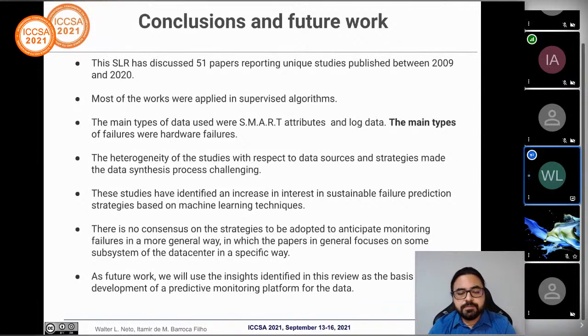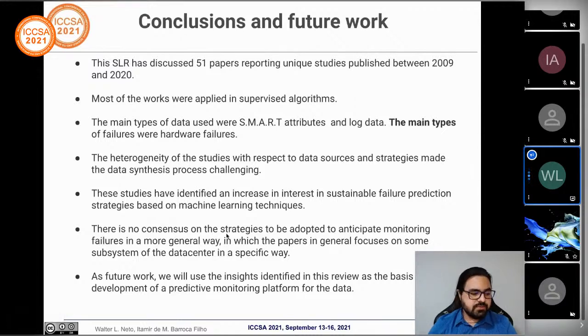The main types of data used was smart data and log data, and the main types of failure was hardware failures. The heterogeneity of the studies with respect of data source and strategies made this data synthesis process challenging. And these studies have identified an increasing interest in suitable failure prediction strategies based on machine learning techniques.